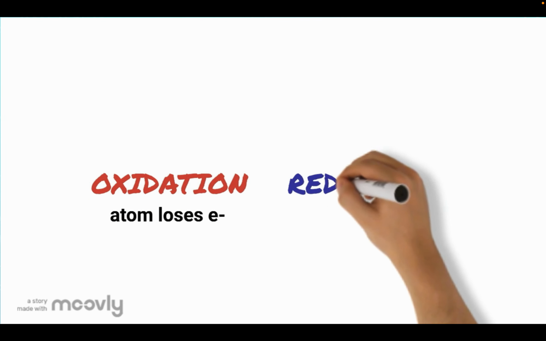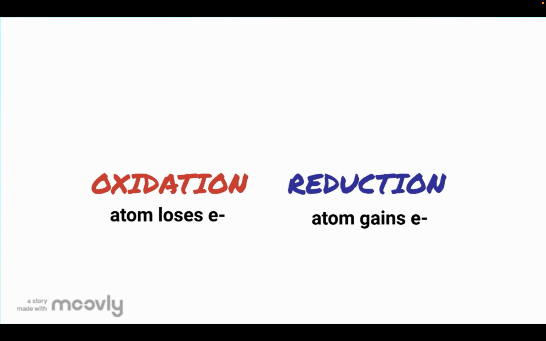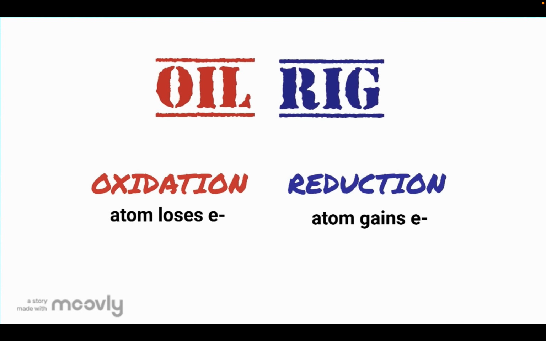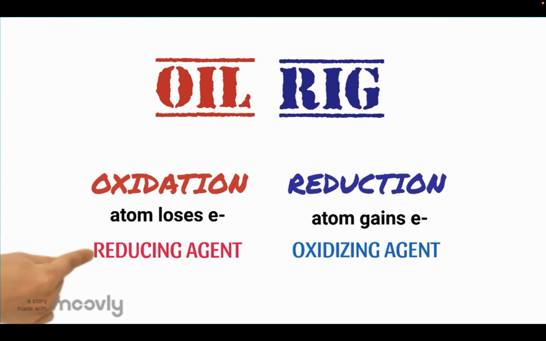Oxidation means that the atom is losing electrons, while reduction means that the atom is gaining electrons. To easily remember this pattern, just be familiar with the mnemonics oil rig. When an atom loses electrons, it is said to be a reducing agent, while when it gains electrons, it is said to be an oxidizing agent.